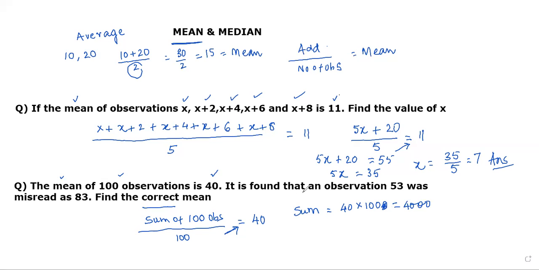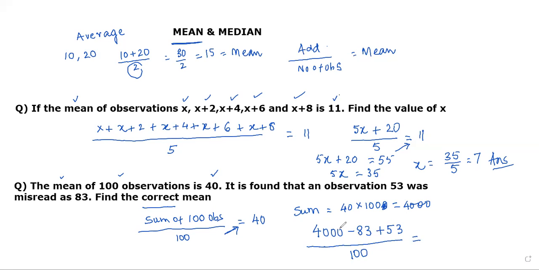Now it says that instead of 53, somebody took 83, which means that to find the correct mean, I will have to reduce 83 from this, because this was wrongly taken, and add back the correct one, which is 53. And divide by the number of observations, which is 100, to get the new mean.